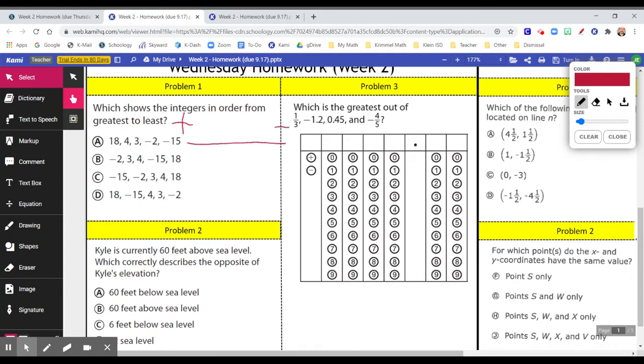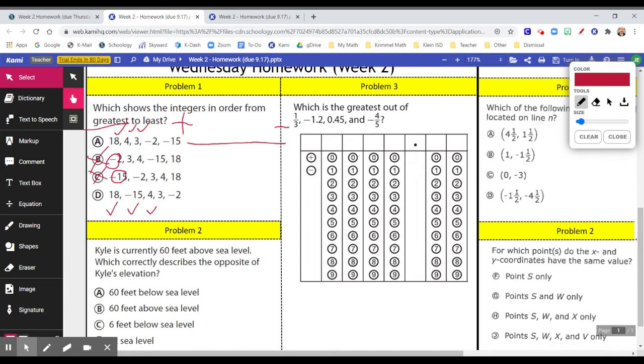If we look at B and C, our negative numbers are not going to be the first thing. Those are going to be last. Our negative numbers are not the greatest ones, so we know it's not those. Now we need to take a look: is it 18, 4, 3, counting down, or is it 18, a positive number, negative number, positive?